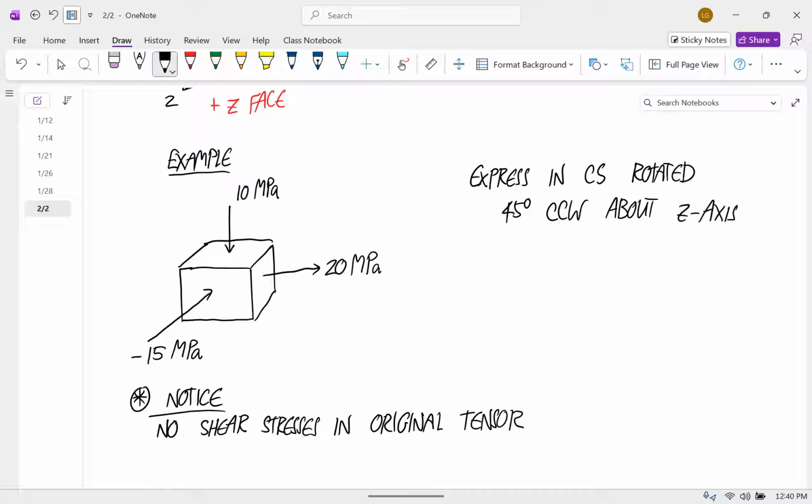Yeah, I think that would be my intuition too. But it turns out that we develop shear stresses when we look in a different coordinate system. So just keep that in mind. There's nothing sacred about normal stresses and shear stresses. When you rotate this thing, they go back and forth, the same way components of a vector go back and forth when you change to a new coordinate system.